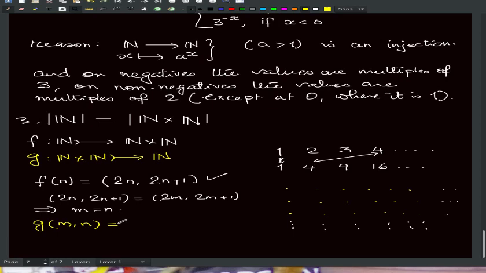Can we take the sum, m plus n? Let's see. But I know 1 plus 3 is equal to 3 plus 1 is equal to 2 plus 2. So G13 is equal to G31 is equal to G22. Sum doesn't work, which is not injective.